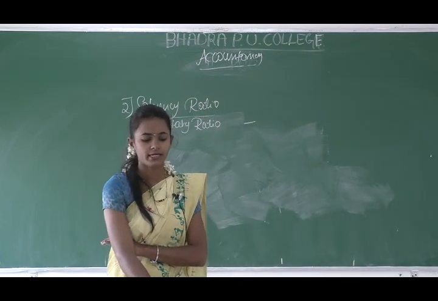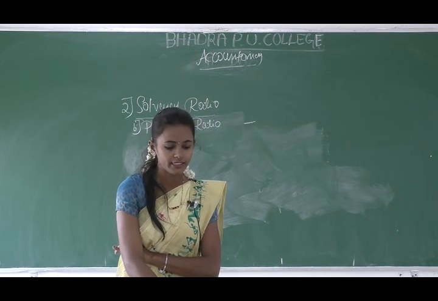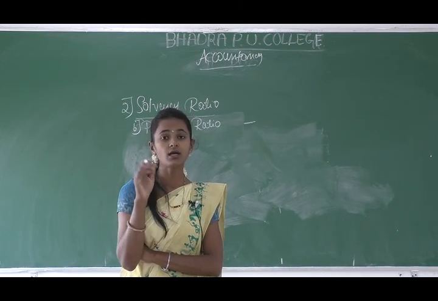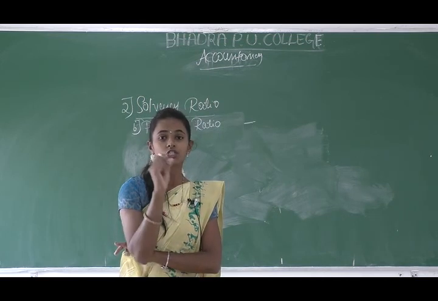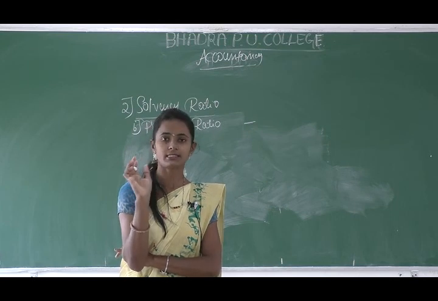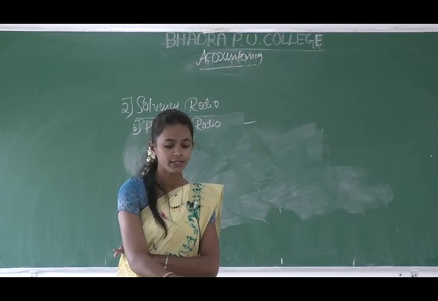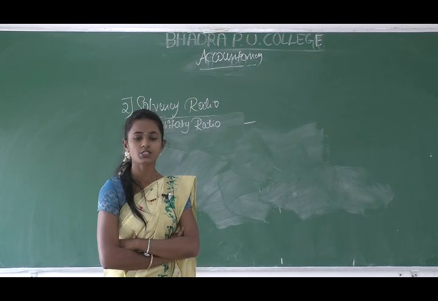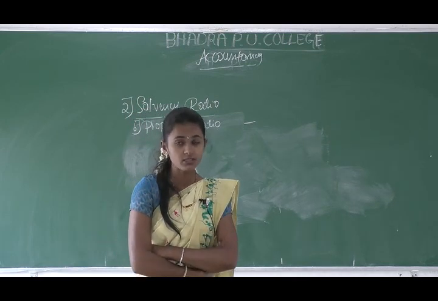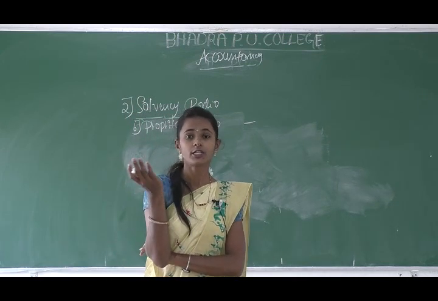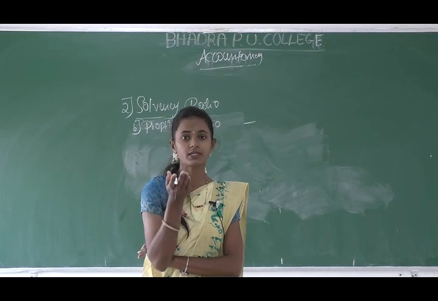The proprietary ratio expresses the relationship between shareholders fund and the assets. It expresses the relationship of the proprietors to the assets. Shareholders are the proprietors of the company, right.